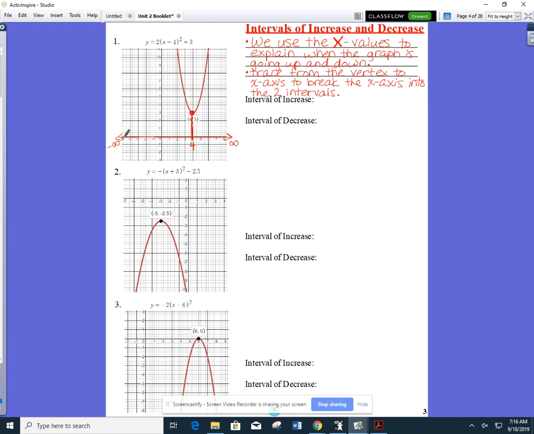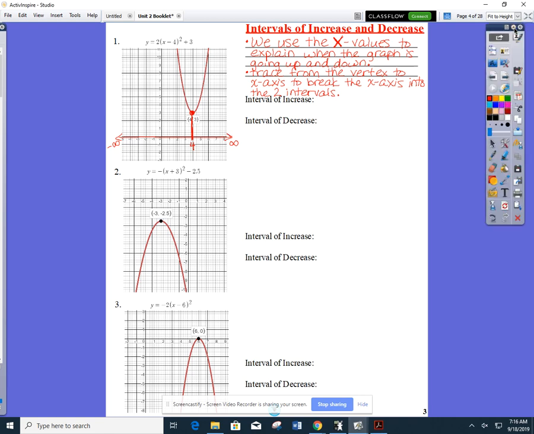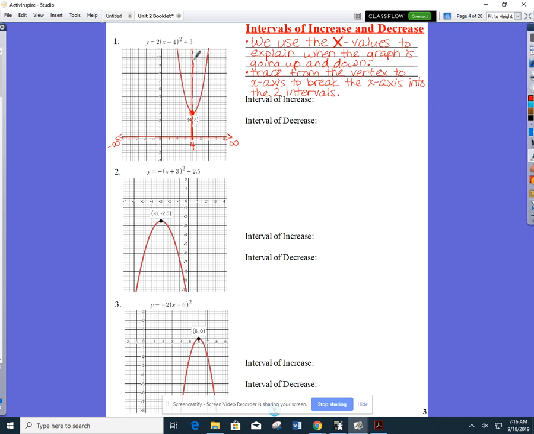And we've split the x-axis into two pieces. Here's the left side, here's the right side.